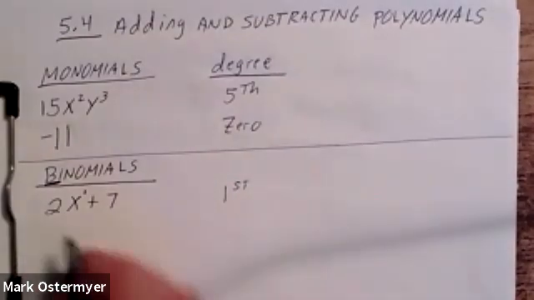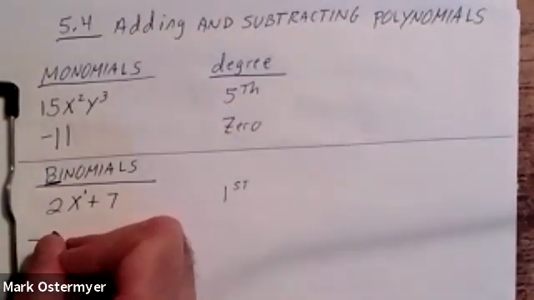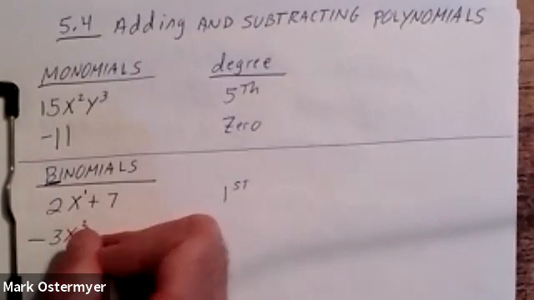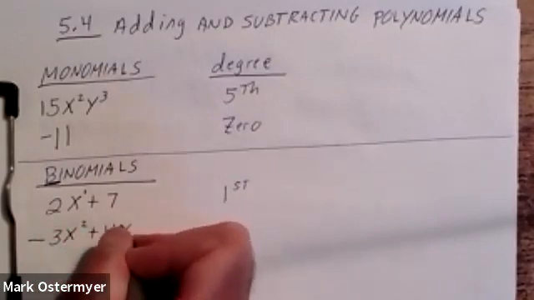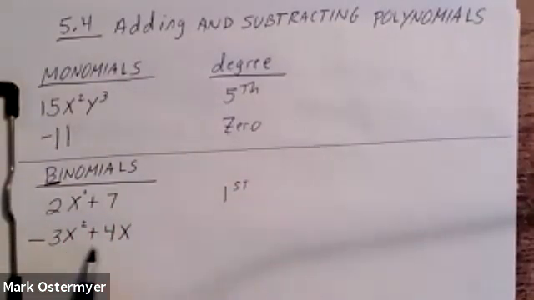That's a binomial. Here's another binomial. Negative 3x squared plus 4x is an example of a binomial. Binomials are two-term variable expressions. Terms are separated by subtractions or additions. What would be the degree of this binomial? What's the highest degree term?